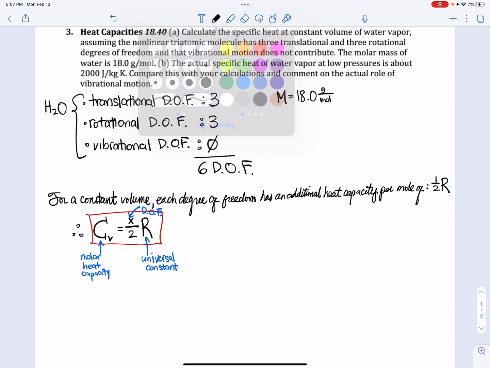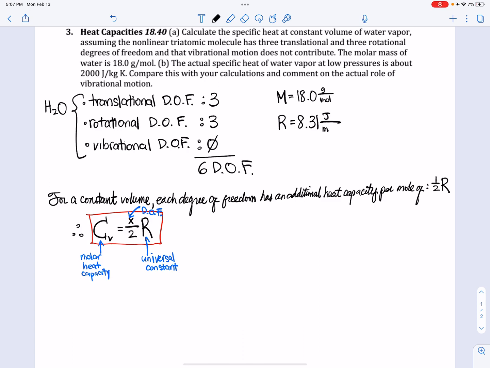Also, in the previous problem, problem number 2 in problem set number 2, I mentioned that R is equal to 8.31 joules per mole times Kelvin, but it is also equal to 0.08206 liters times ATM over mole times Kelvin. Okay, so these two are equivalent. It just depends on the problem which unit you want to use.